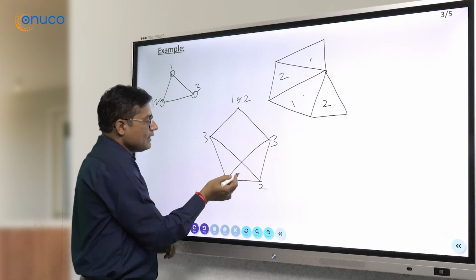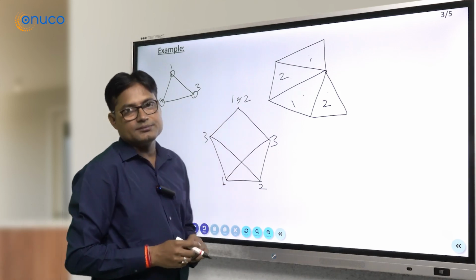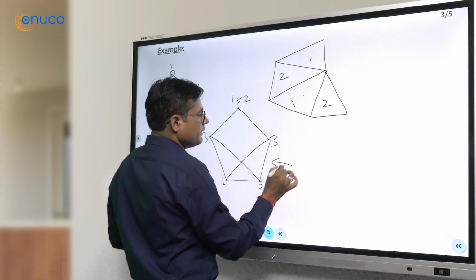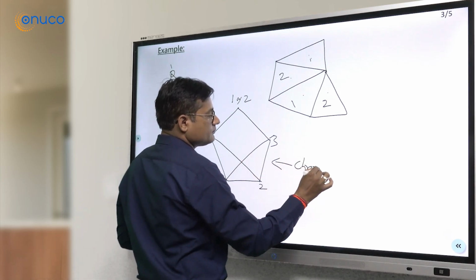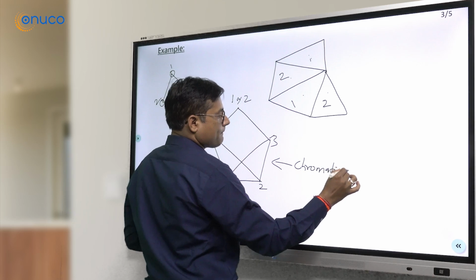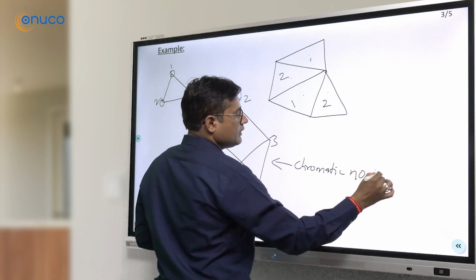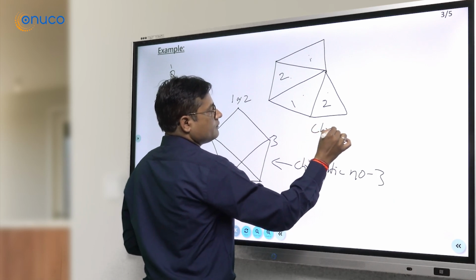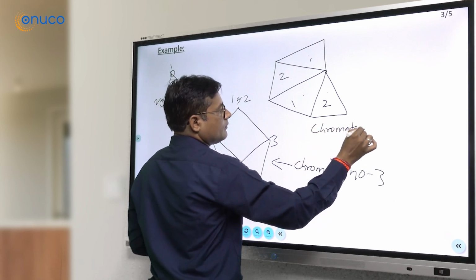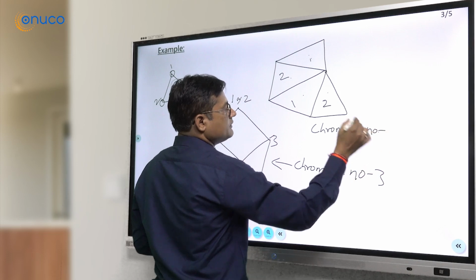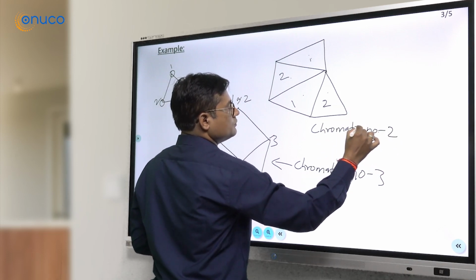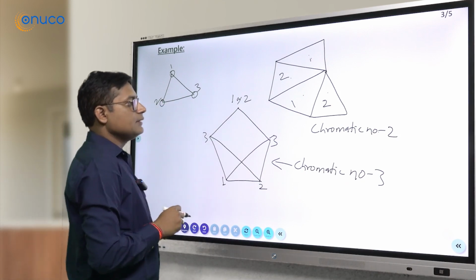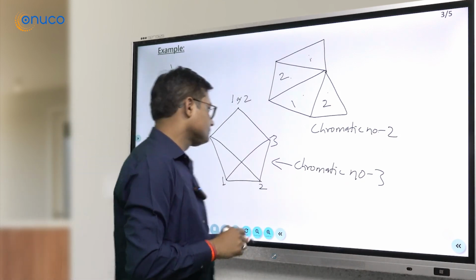But we are able to manage with 3 colors. So this 3 is called the chromatic number. The chromatic number of this graph is 3. The chromatic number of the earlier graph is 2, while the chromatic number of this triangle shape is 3.